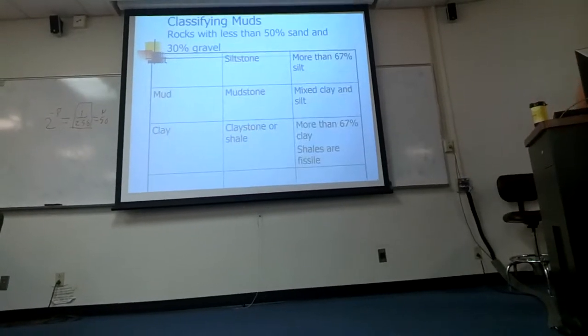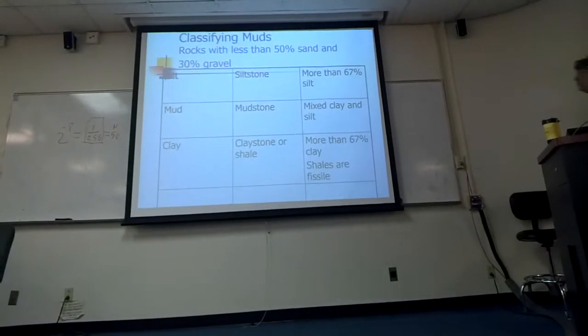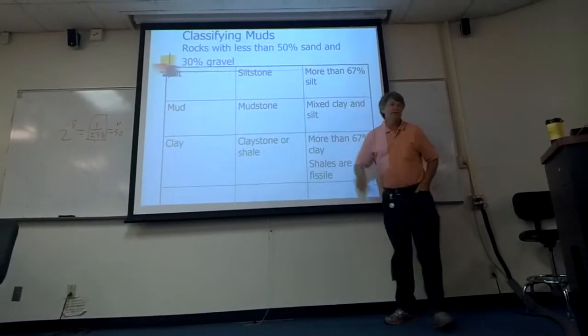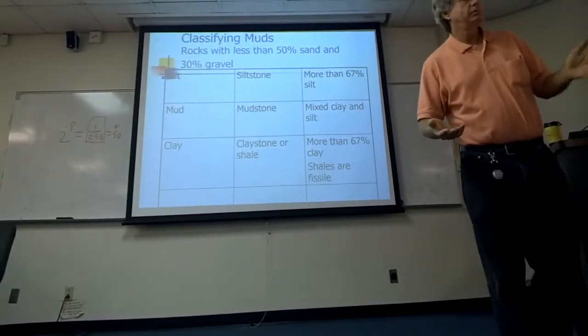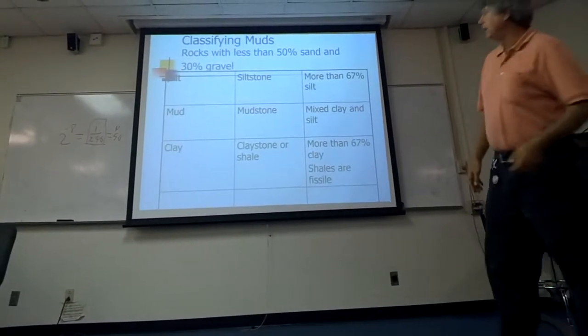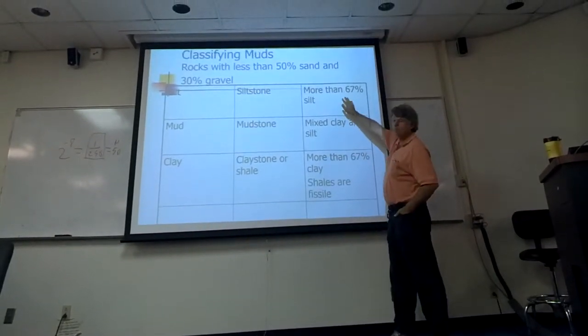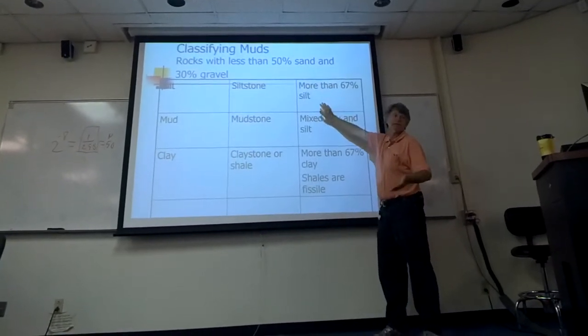Okay, clays and silts are even easier. If it's got more than 50% mud, it's a mudstone. Doesn't matter. And then if most of that material, two thirds, is silt, then it's a siltstone.